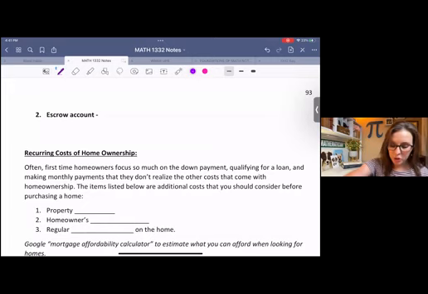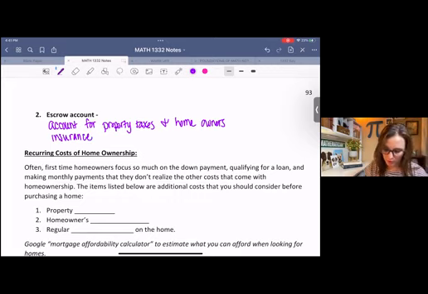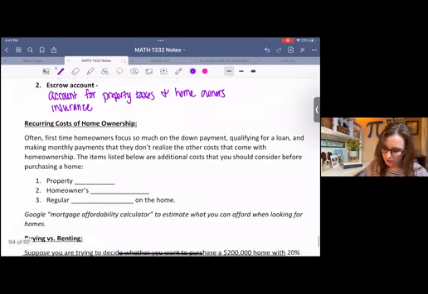And then in addition to closing costs, you have an escrow account, which is an account for property taxes and homeowner insurance. Then there's some recurring costs of homeownership.